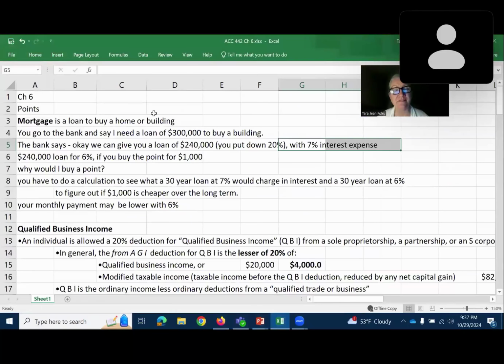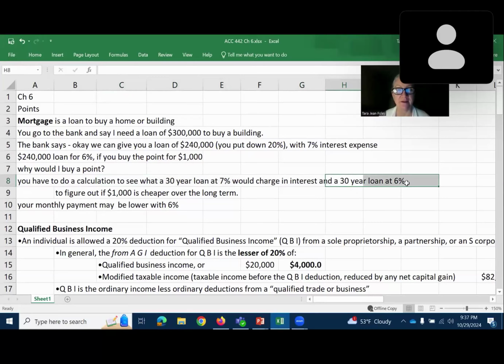Well, 7% is a pretty high interest. I might say to the bank, can you offer me a lower interest rate? And the bank might say, yeah, we can offer you a 6% loan, but you'll have to buy a point because we went from 7% to 6%. So basically you're going to do a calculation to see what a 30-year 7% loan would charge in interest, and then do a calculation for a 30-year loan at 6% interest.